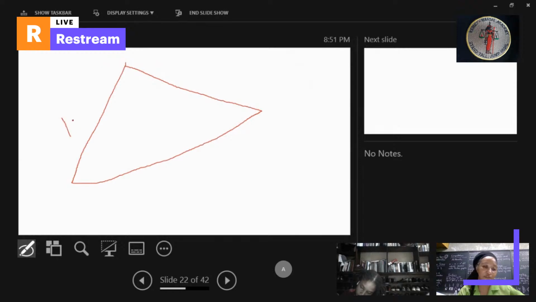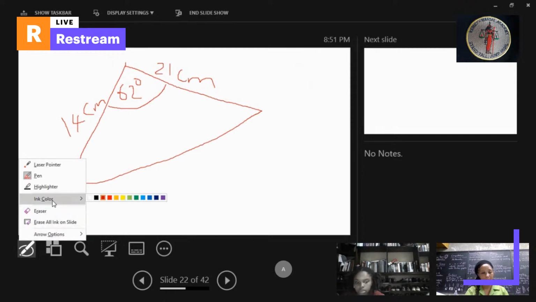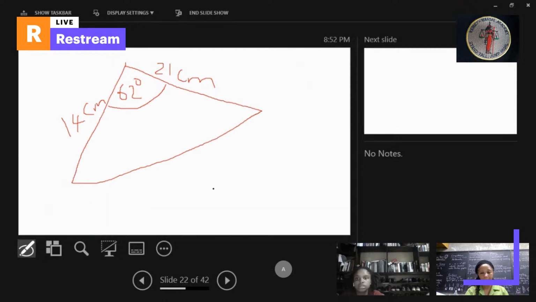All right, so let's say that's 14 centimeters. That's 21 centimeters. And let's say this angle is 62 degrees. All right, Imani, how would you find the area? Okay, miss. So it's going to be half AB sine C. Miss, so half of 14 times 21, and you're going to find the sine of 62 degrees.